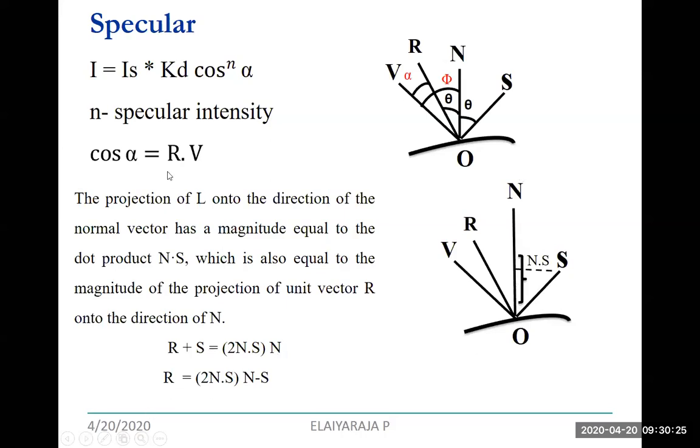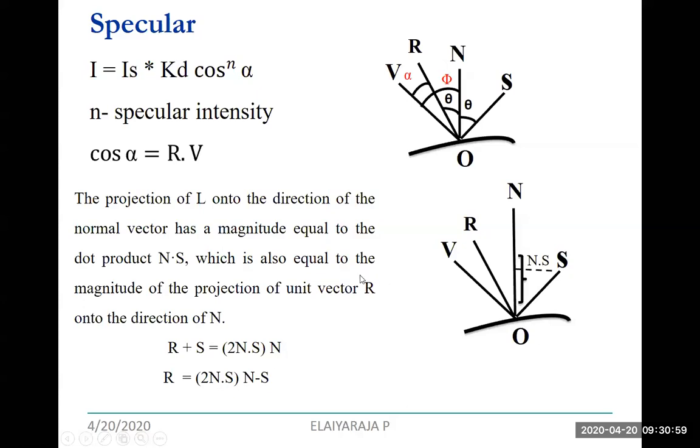You want only the reflection factor value, so the reflection factor is equal to 2 n into s into n minus s. So cos alpha is equal to the dot product of r and v, where r is 2 into n into s into n minus s.